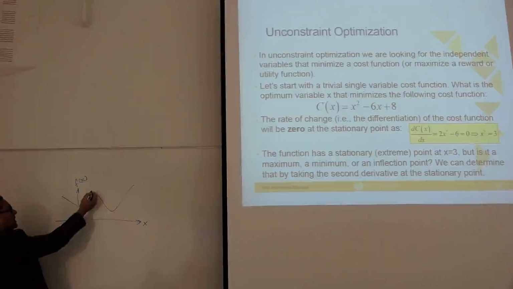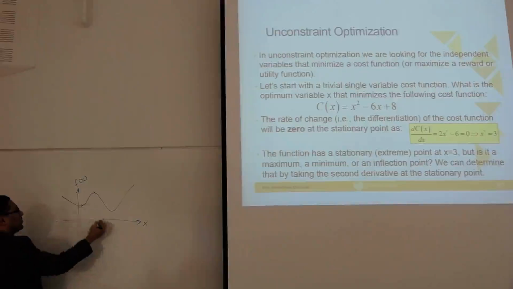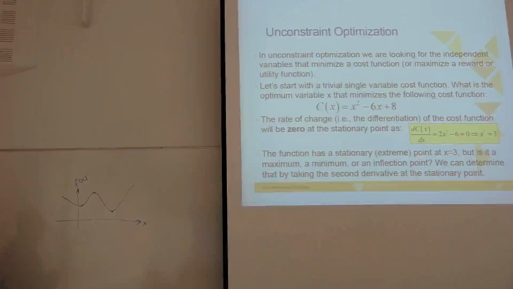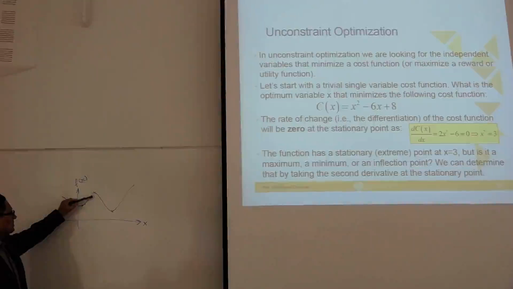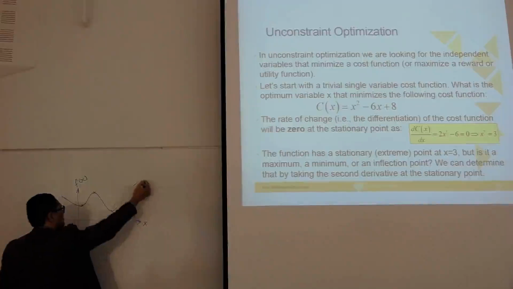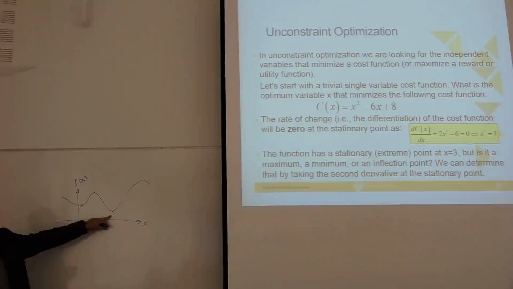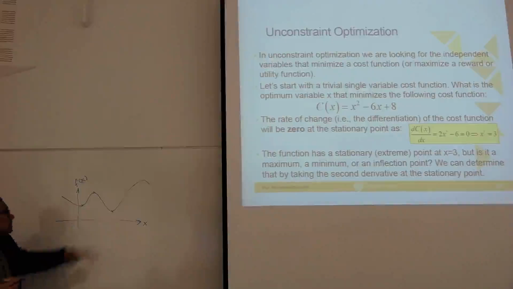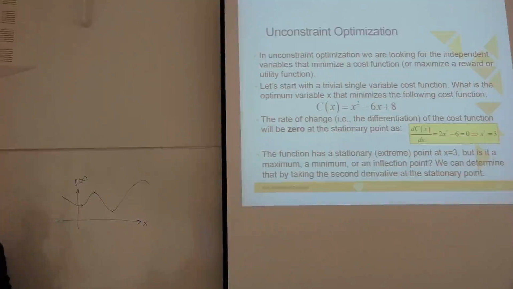We have a stationary point here, for example, and this is a stationary point. Those stationary points, usually they are the extreme points. This, for example, is a local maximum. Why did I say local? Because there may be another one going higher. So this is a local maximum, and this is a local minimum, and this is also a local minimum. Okay.